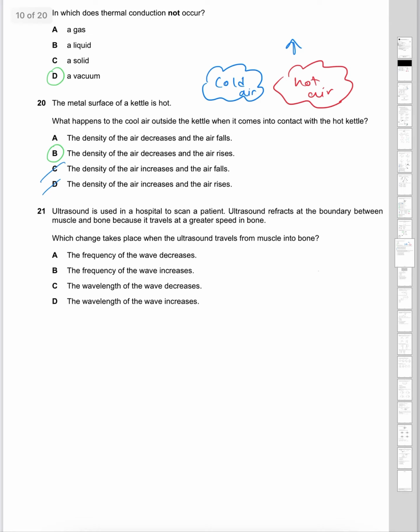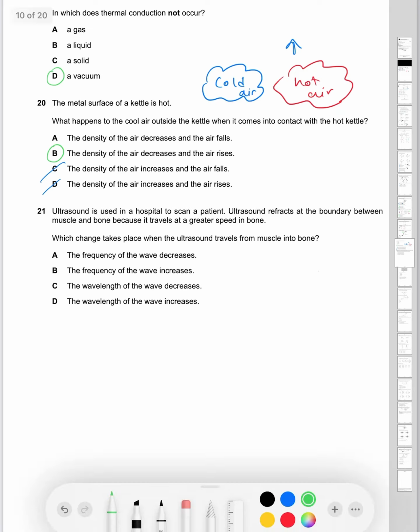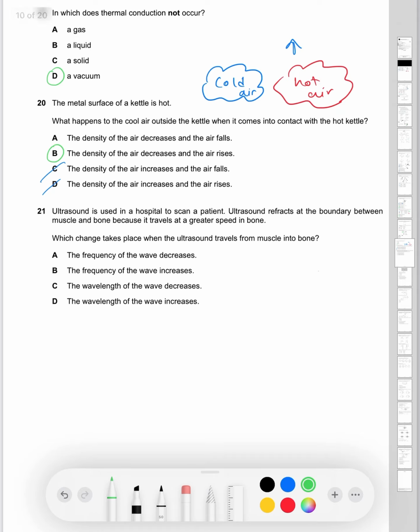Ultrasound is used in hospitals to scan a patient. The ultrasound refracts at a boundary between the muscle and the bone because it travels at a greater speed in the bone. Which change takes place when the ultrasound travels from muscle into bone? Okay, so in order to understand this, you're going from muscle to the bone. Your speed is increasing. Now, the wavelength, or lambda, of a wave is essentially the speed divided by the frequency.